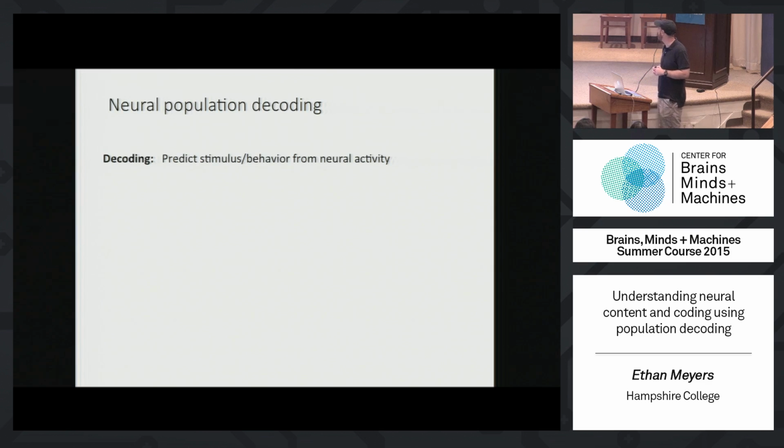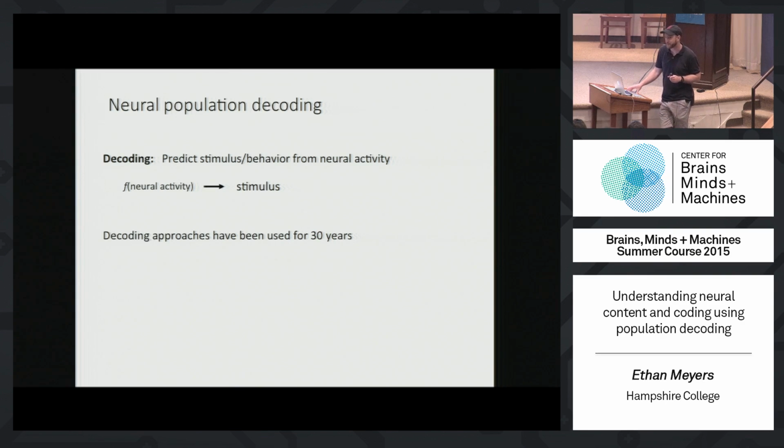So the basic idea behind neural decoding is that you want to take neural activity and try to predict something about the stimulus itself or about, let's say, an animal's behavior. So it's a function that goes from neural activity to a stimulus, right? OK. And decoding approaches have been used for about 30 years.